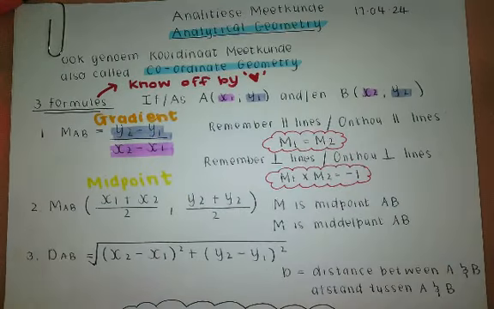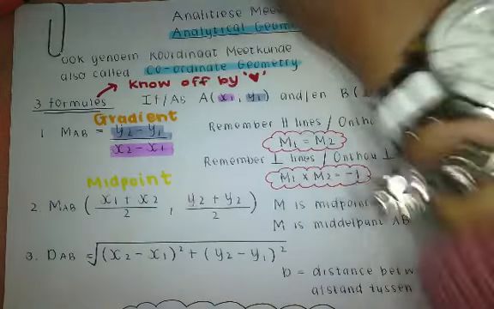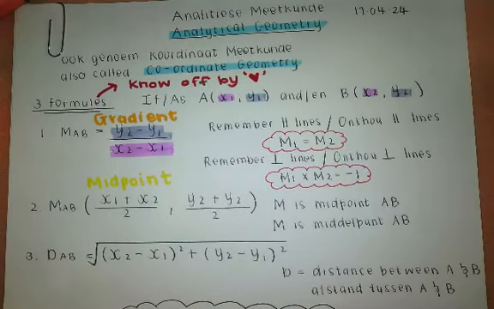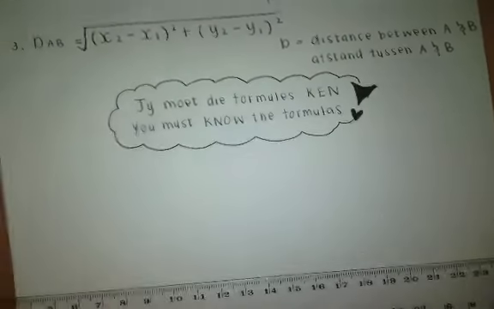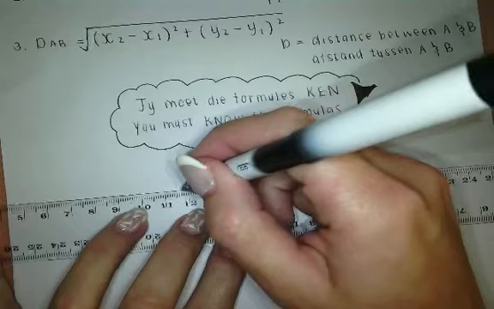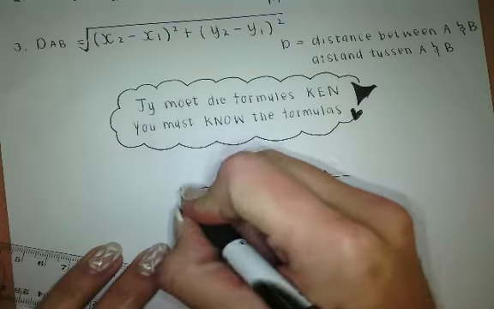Midpoint formula. Now listen to me carefully. Here's my ruler. Let's just say I'm going to draw something at the bottom here for you. So here's a line, for example.